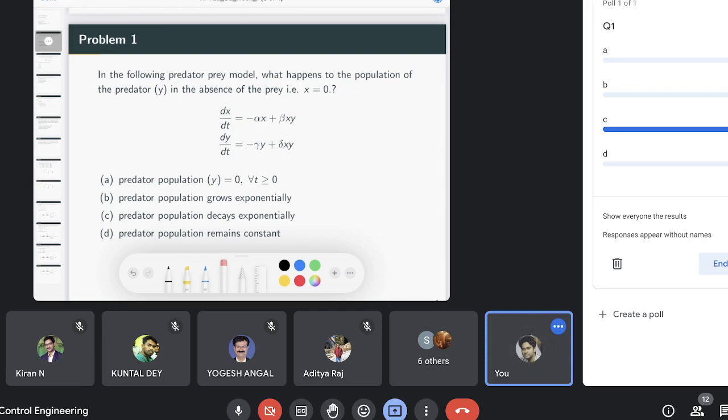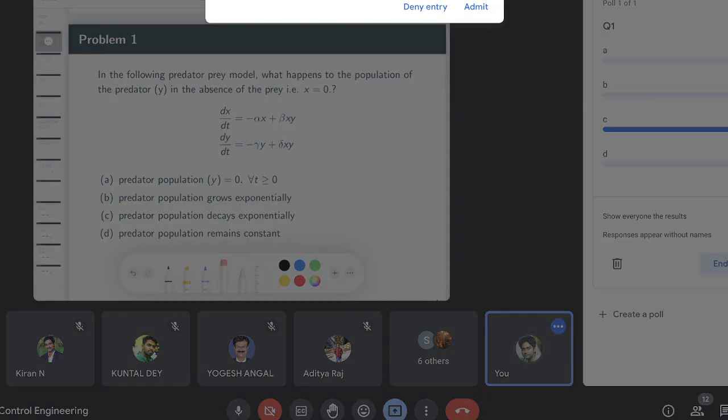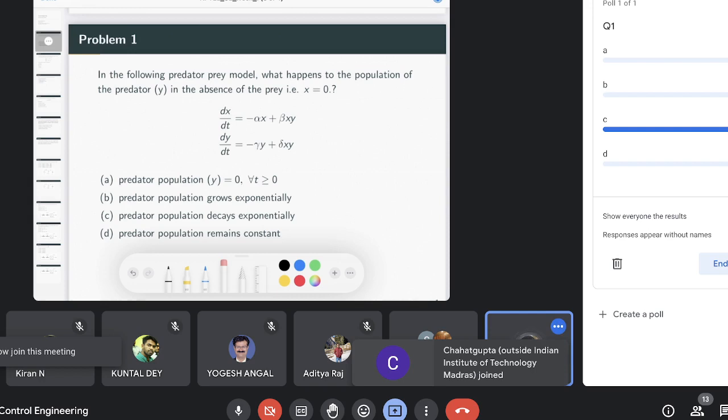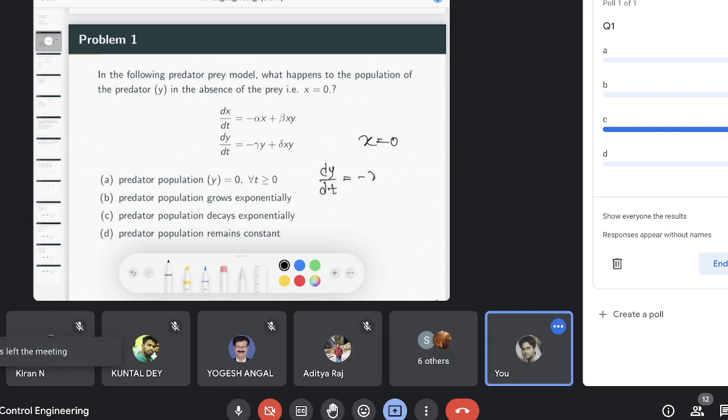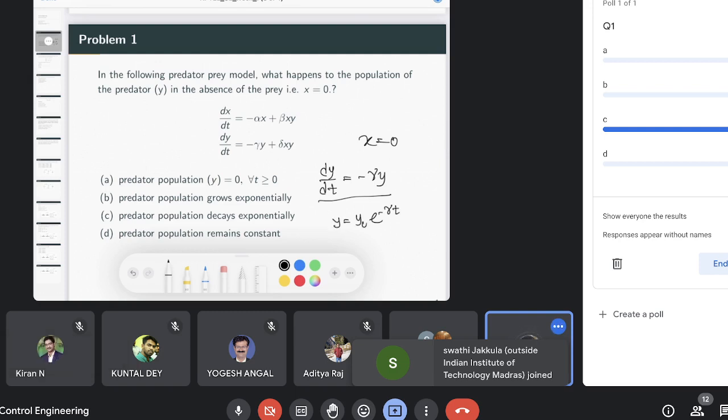In the absence of the prey, that means you have X equal to 0. Then the predator model dynamics will be just gamma times Y, because X is 0. The solution of this ordinary differential equation you already know: it is an exponential, Y with some initial condition given at time 0, that is y0 equal to y at time 0.